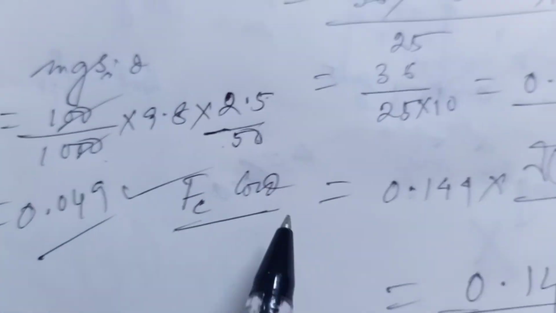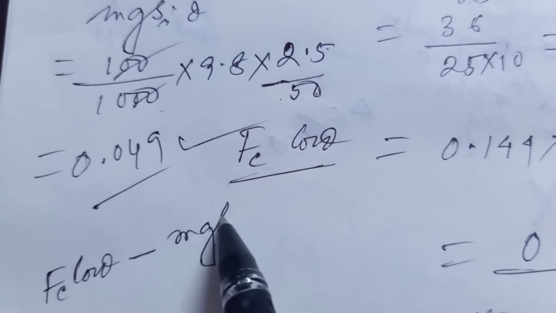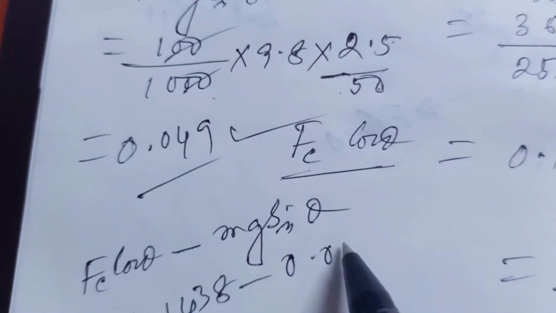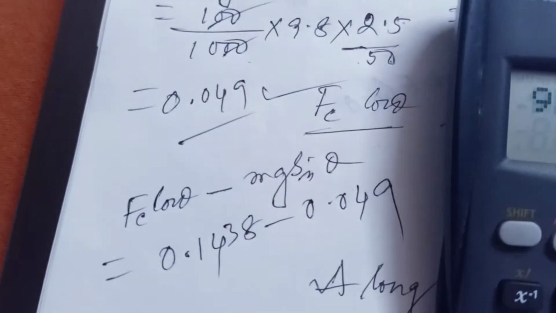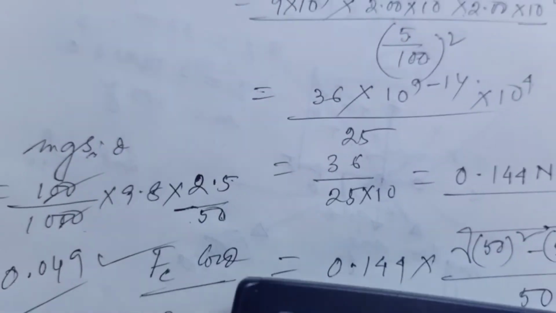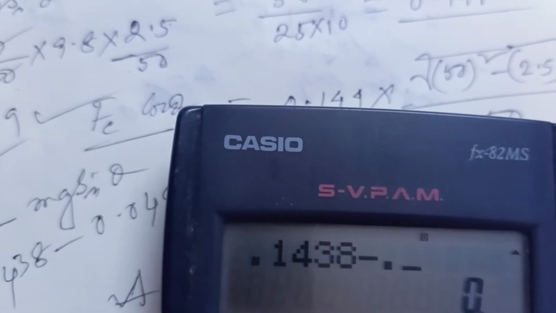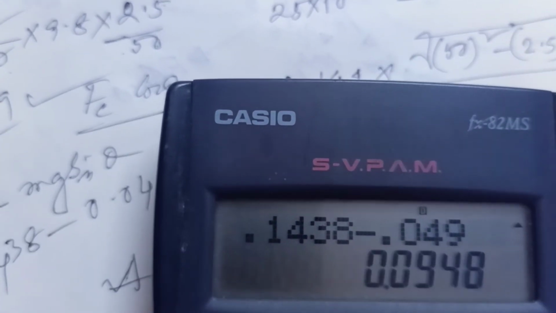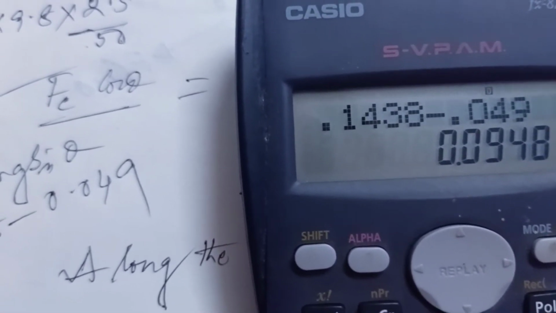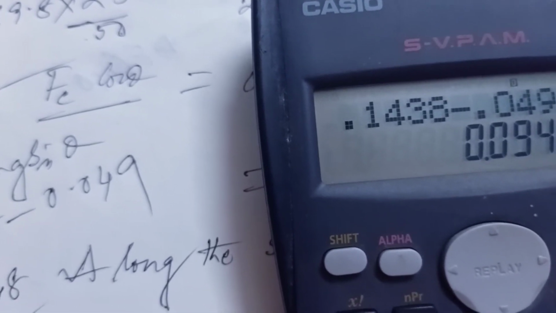So Fc cos theta minus mg sin theta is 0.1438 minus 0.049, and this gives 0.0948, or approximately we can say 0.095.